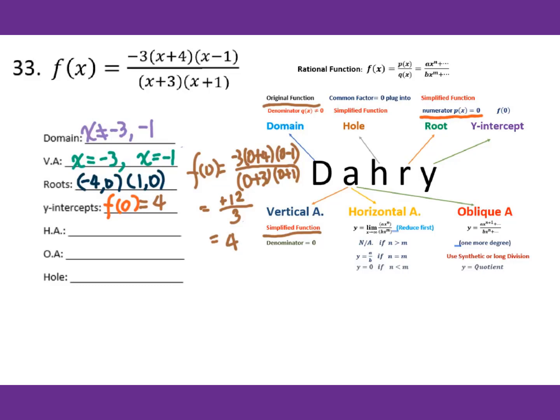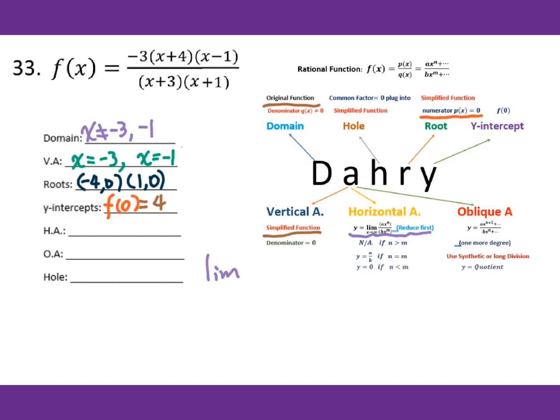That equals 4. For the horizontal asymptote line, let's do the limit of the leading terms. Therefore, the limit as x approaches infinity. We need the leading term for the numerator, that will be -3 times x times x.